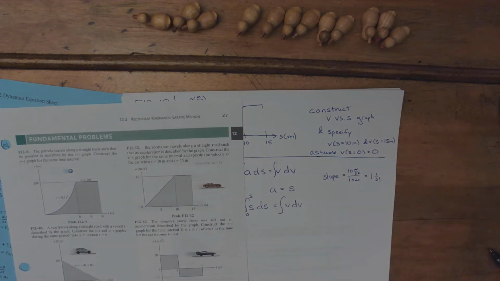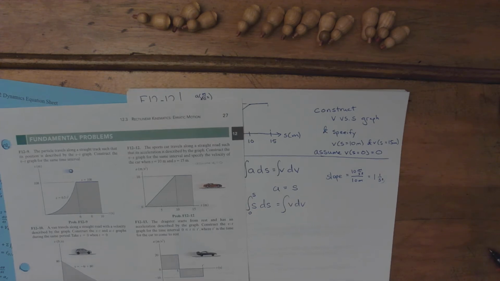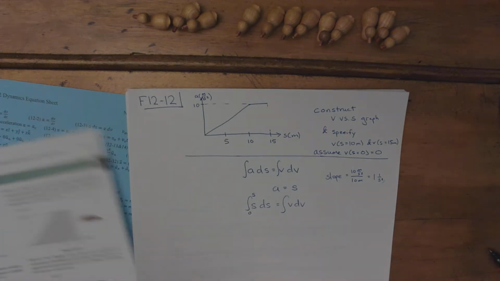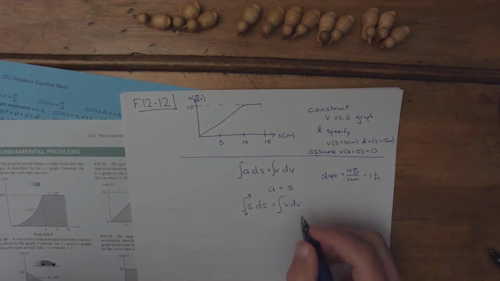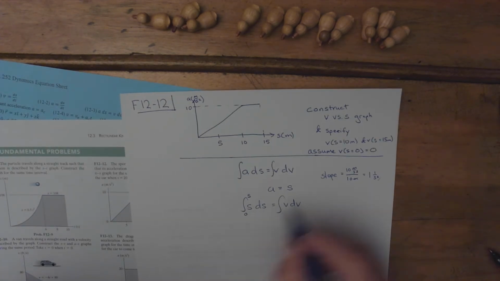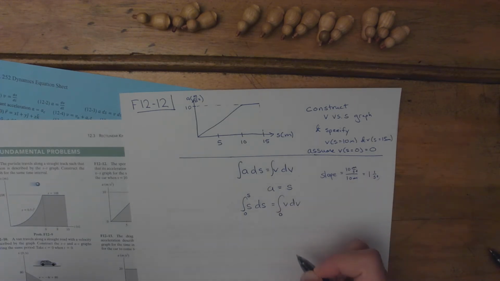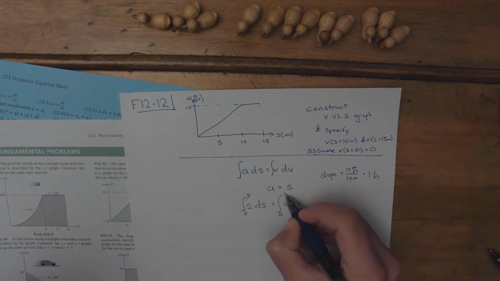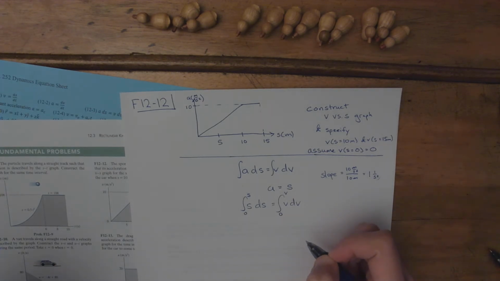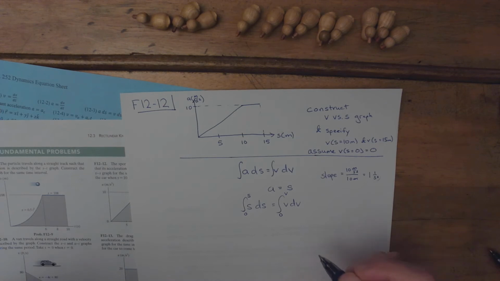They really should have told us that, but they're not always good about doing that. So we're going to make an assumption there. When the position is equal to 0, we're assuming that the velocity is equal to 0, so the lower limit of integration is 0. My upper limit of integration is just v. That's how I'm going to find the velocity as a function of position.